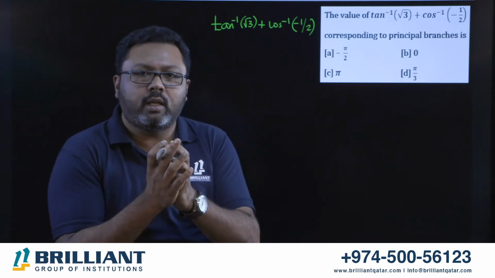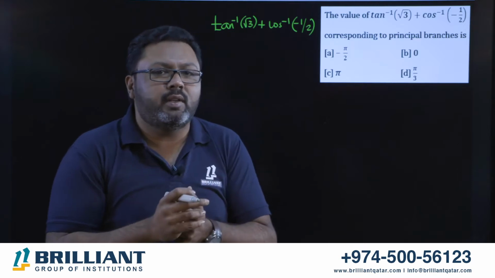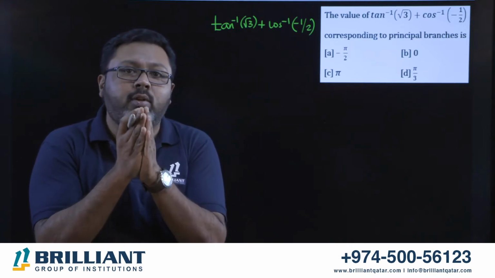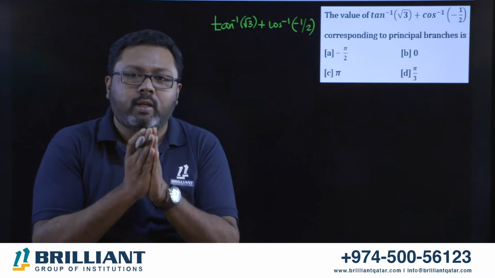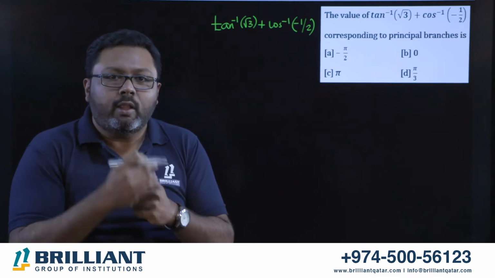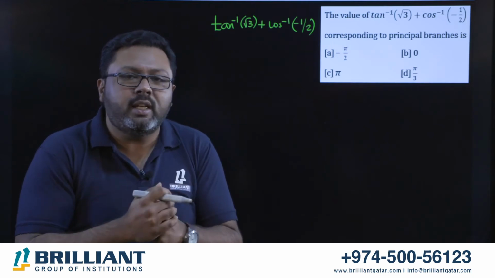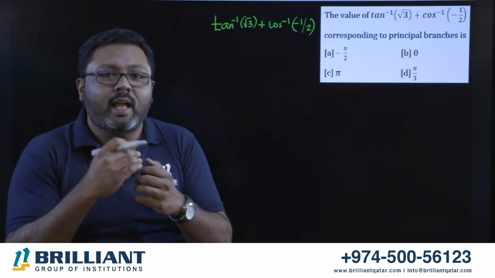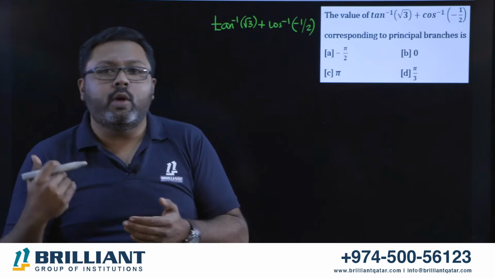Whenever you have a question and there is a negative value inside the inverse trigonometry, you have to first attend to the negative value, and that negative number should be cleared first. The property corresponding to the negative of the inverse trigonometric function is addressed first before going to the other properties.